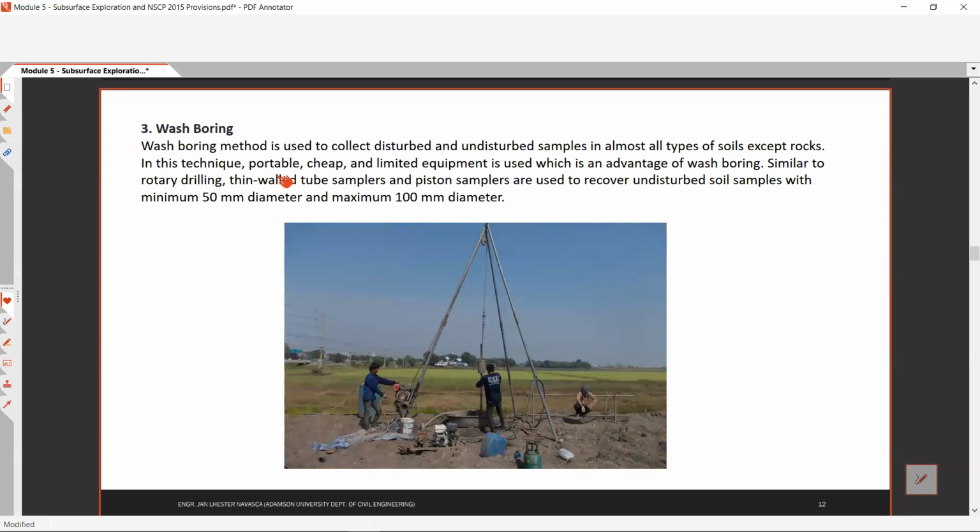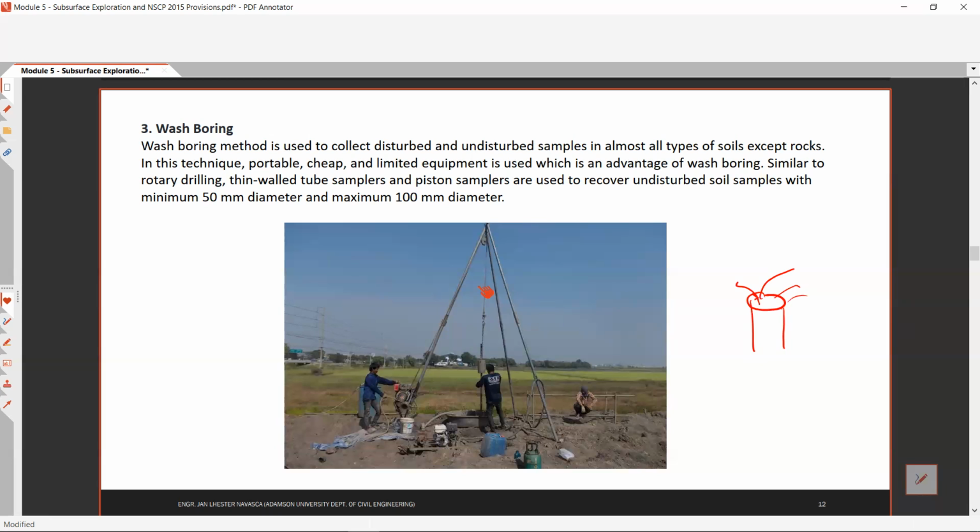In this technique, portable, cheap, and limited equipment is used, which is an advantage of the washboring. That is why, when you see a geotechnical investigation here in the Philippines, they are using this washboring. If you have seen one, there is always water overflowing, water coming out of their sample. It is always wet, with water coming out. So they are using this washboring.